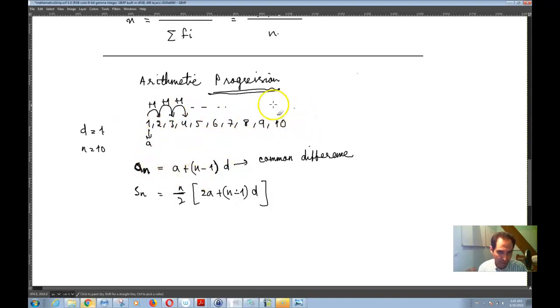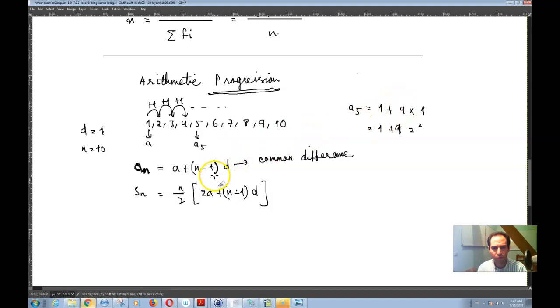So that means that in this arithmetic progression, if you want to know the fifth term, which is denoted by a of 5, then a of 5 is going to be equal to a plus n minus 1 times d.